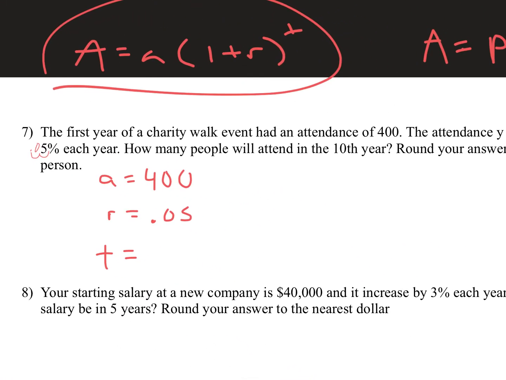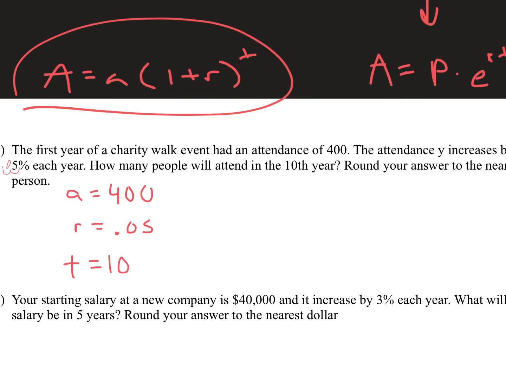And then what's our time? 10. So we plug it in. We have A is equal to 400 times 1 plus 0.05 to the power of 10.